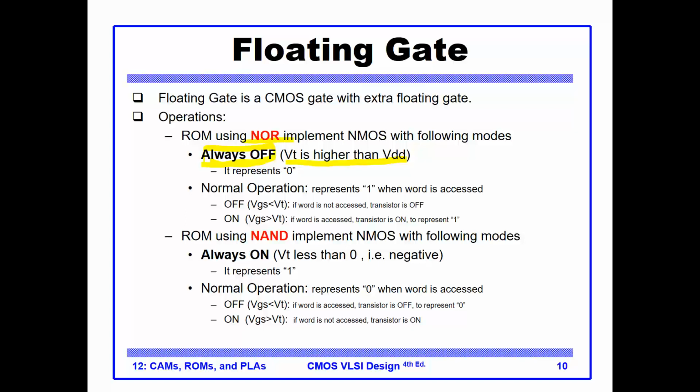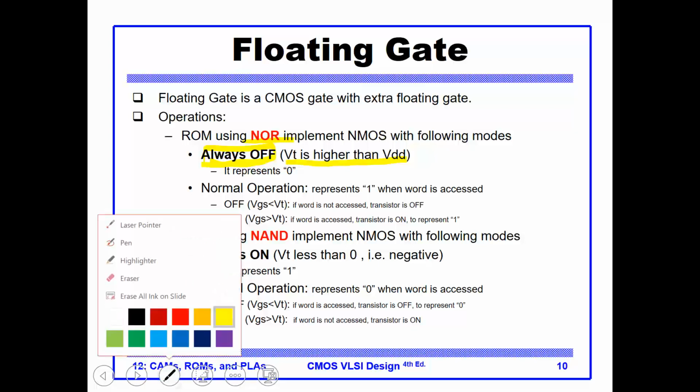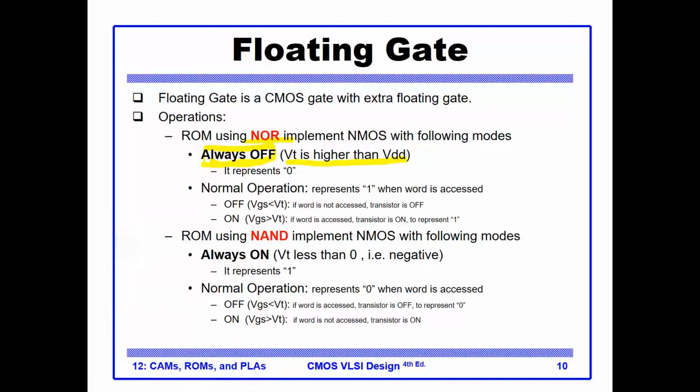Now, suppose I have this NOR gate with two devices, and let's say this is minterm 0 and minterm 1. Suppose my function needs only minterm 0 and I don't need minterm 1. So how to remove this device? Very simple. Make this device's VT above VDD.